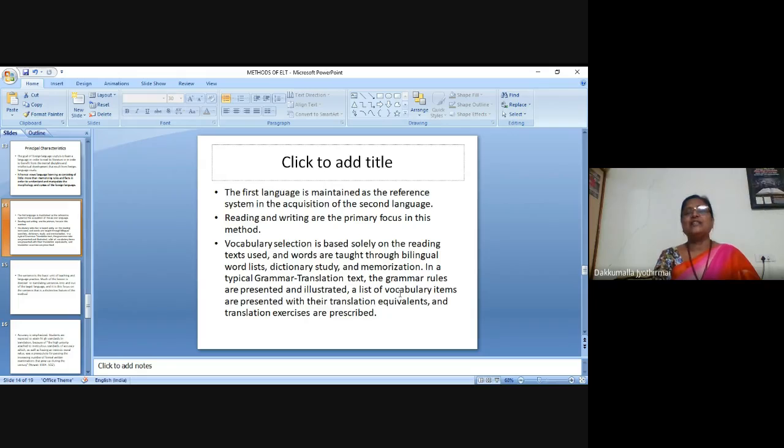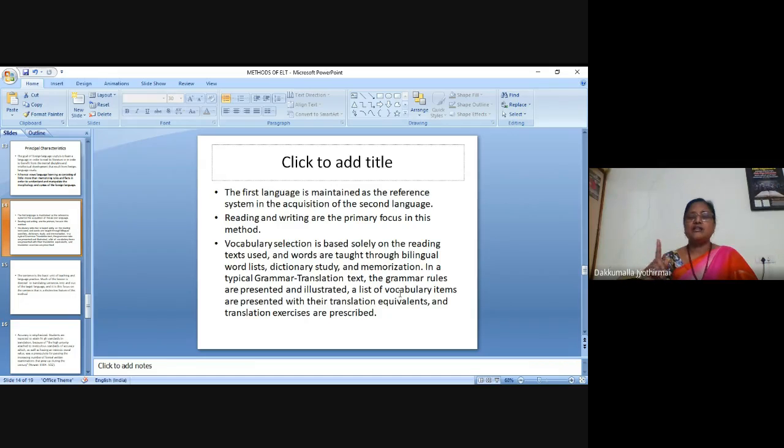Okay, so mother tongue. Whether the mother tongue helps the learning of the second language or not is a great debate. But at that time, in the grammar translation method, the first language is always maintained as the reference system to acquire the second language.